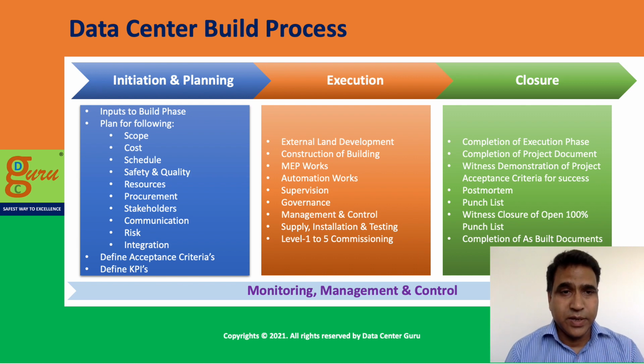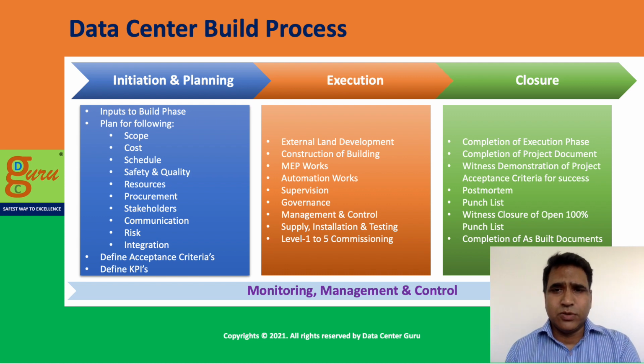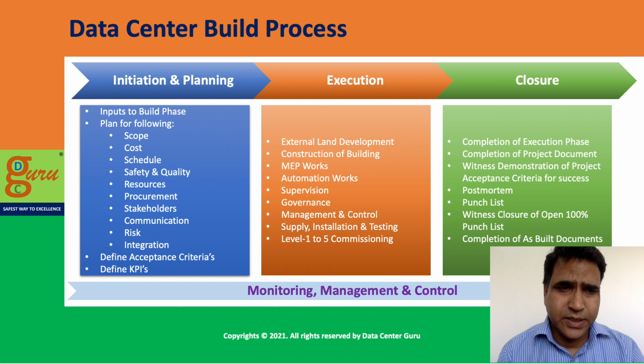What you set in the beginning, it is very necessary to set acceptance criteria for each and every system and subsystem, because if you are able to specify the acceptance very clearly, it becomes easy for you to go through the acceptance criteria for different systems and different stages of the project and accept those criteria.